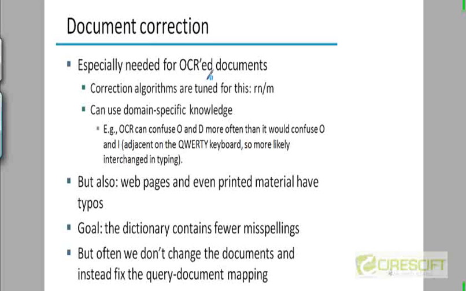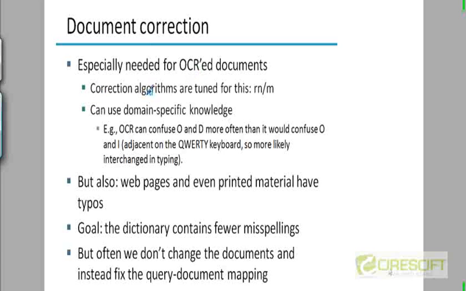Now, in the context of information retrieval, document correction is primarily done for documents that are scanned optically. So if you have a physical book that is scanned, you may want to convert the characters in that book into text.